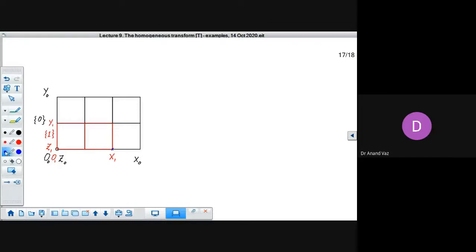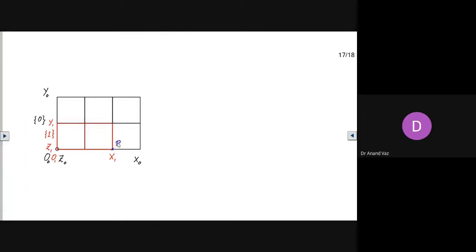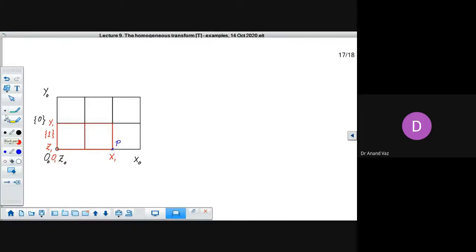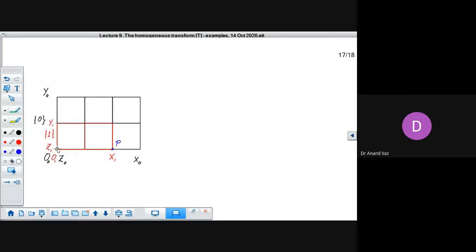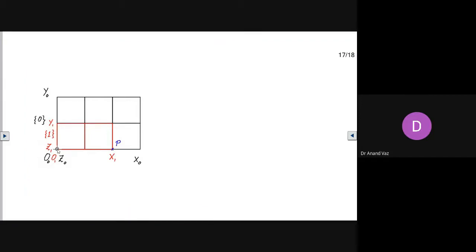If we call this point P, then the vector representing the position of this point in the frame 0 would be this vector here. From here to here.